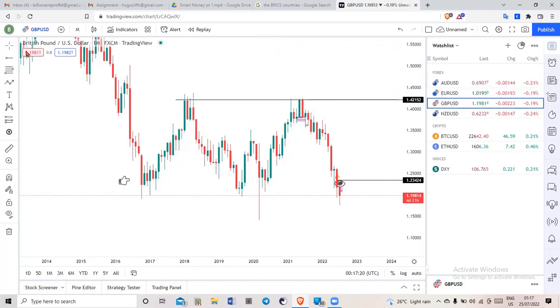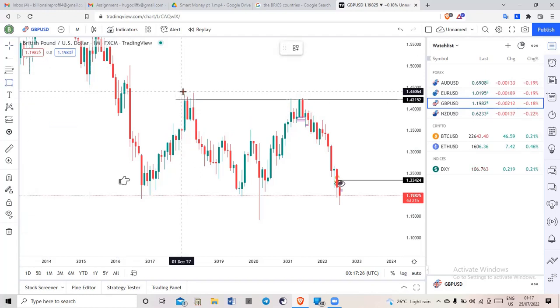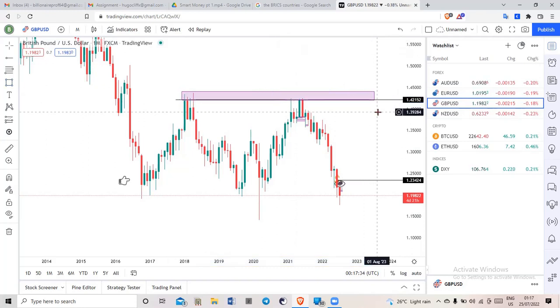Technically, we don't use a line. We use something like a square or kind of rectangle to represent it.